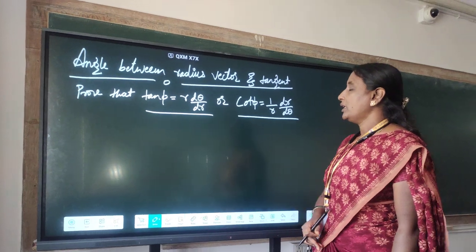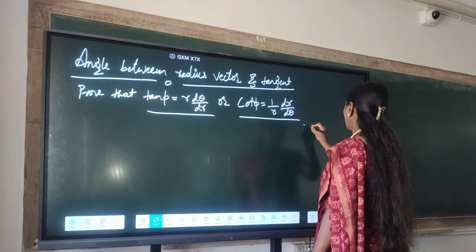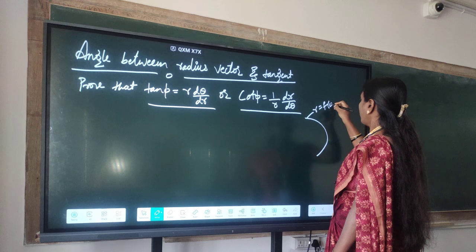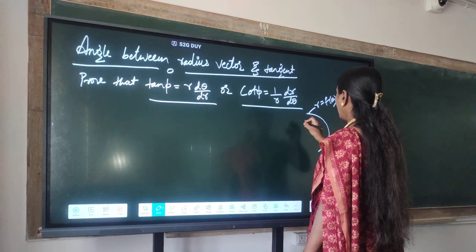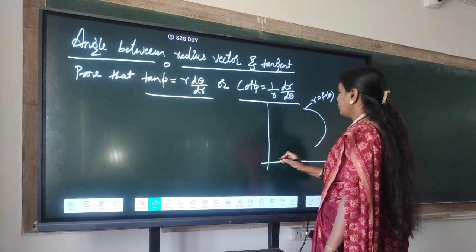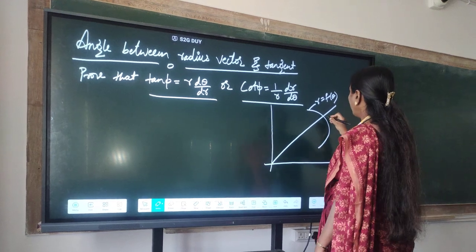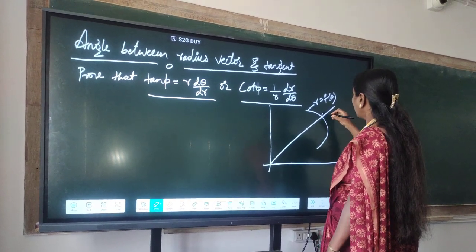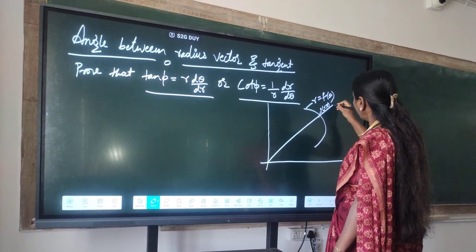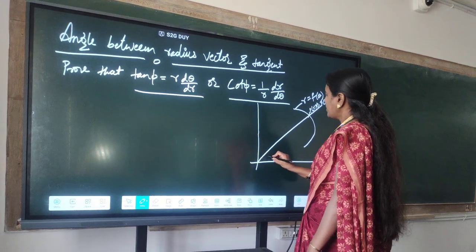Now we will come back to the derivation. To derive this, I will take one curve. This curve is r equals f of theta, and I will take one plane. From the origin, you draw one line to this point, which I am calling P of r comma theta or P of x comma y, and this makes an angle theta.